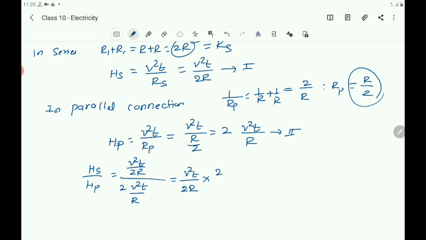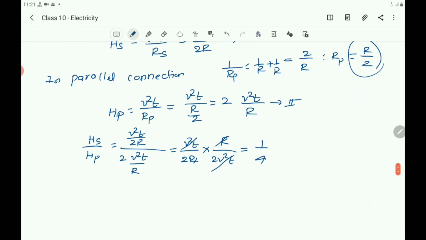So what you will get here? Take the reciprocal. The reciprocal is R by 2 V square T. Then V square T cancels. R cancels. You will get here 1 by 4. So here you got that Hs by Hp equals 1 by 4.